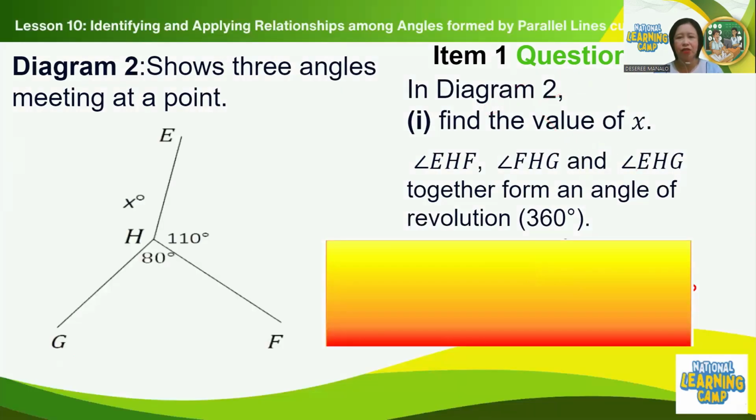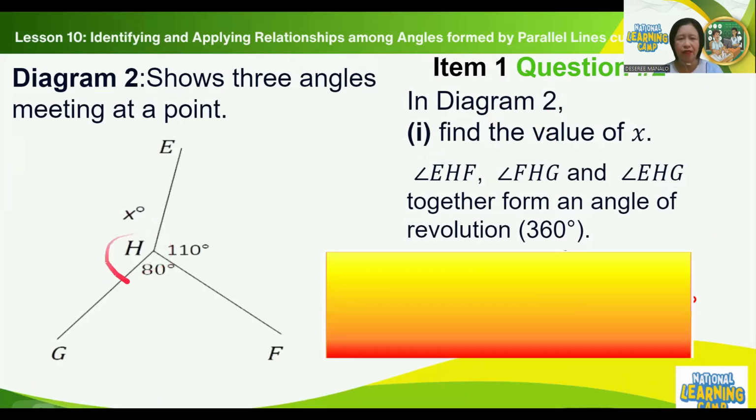If you add 20 plus 70, the answer is 90 degrees. Next, question number 2. In diagram 2, find the value of x. Angle EHF, angle FHG and angle EHG together form an angle of revolution, 360 degrees.